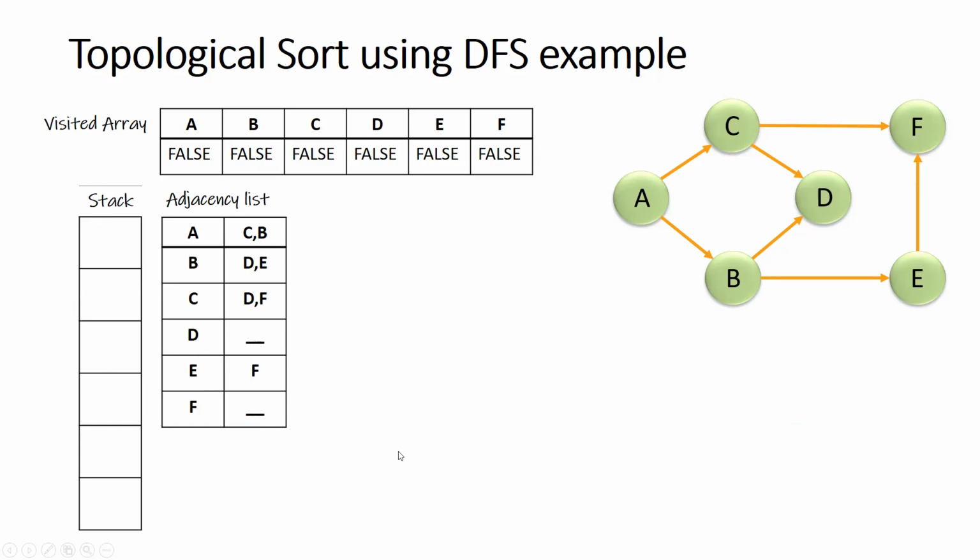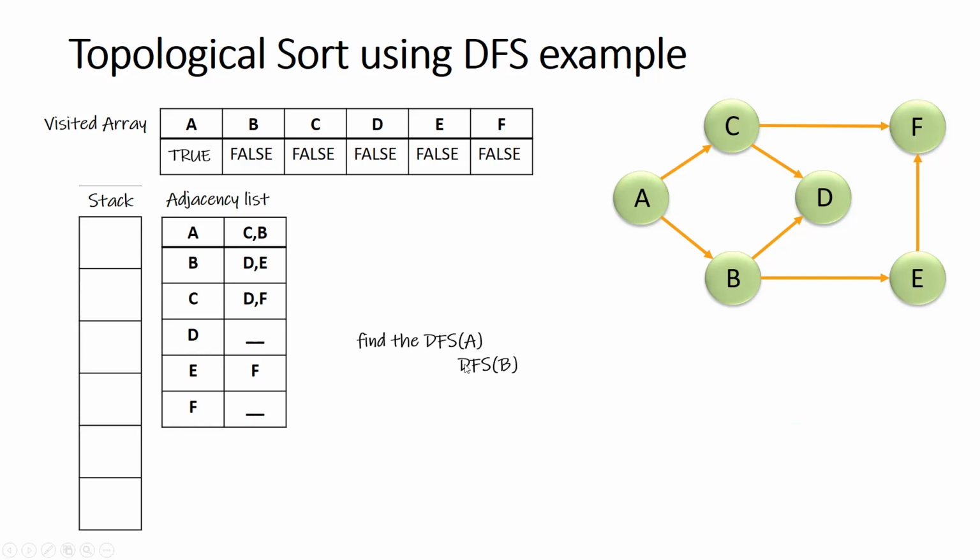So the first node to start with will be A. In such algorithms, we will always be given how to choose the priority. For this example, we will assume that we are going in alphabetic order. So the first node will be node A. We first find the DFS for A, and we mark A as visited true.